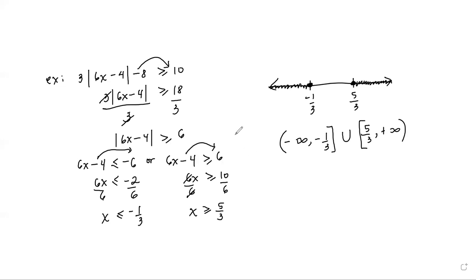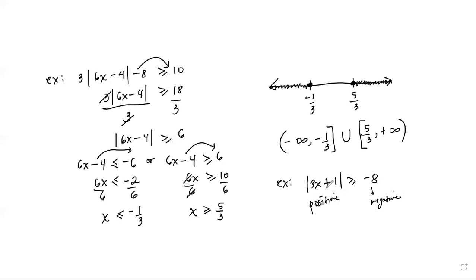Okay, now what if the right-hand side of the inequality under case number 2 is a negative number? So in here, as you can see, the absolute value is always non-negative, and the right side is negative.